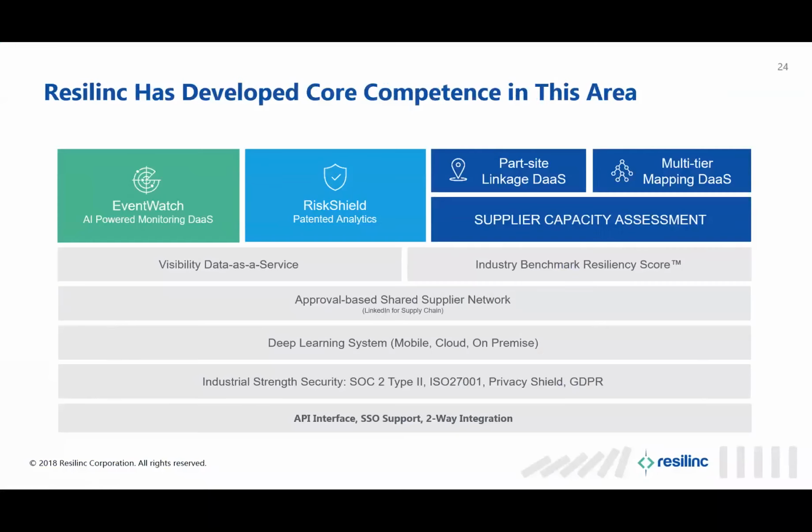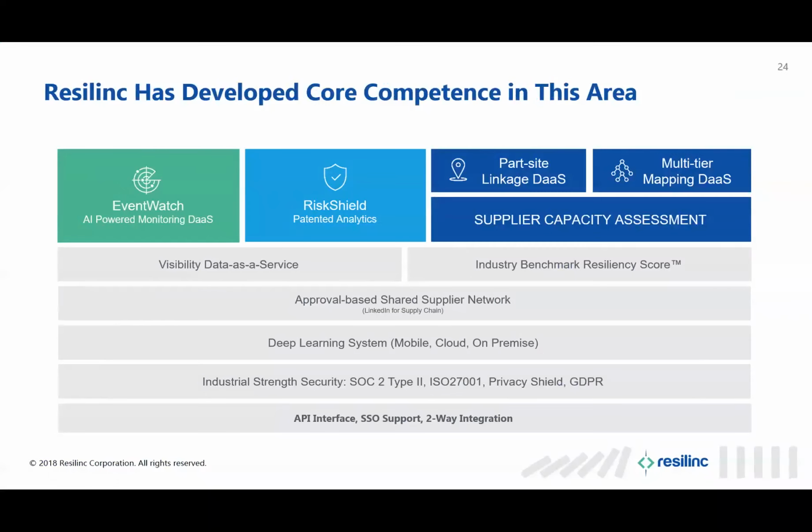This is a quick overview of the product and the core competencies that we have. You can use the library of supplier assessments. Resilinc has a supplier assessment library with several different stock assessments, already created by experts, which you can leverage as is and get your program running as soon as possible.